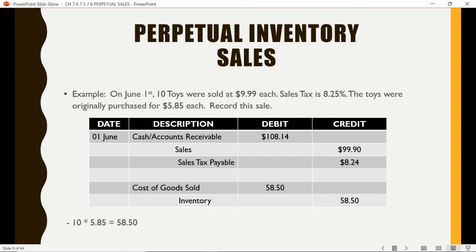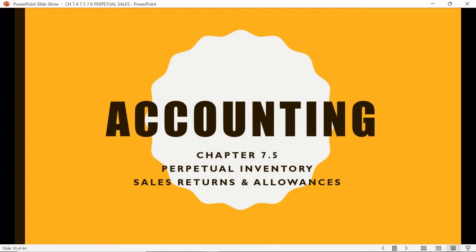That is how we keep a really good track record because every time we sell something, it gets rid of our inventory. Every time we purchase something, we're increasing our inventory, right? And that's how we know at the end of every day, or at the end of every single transaction, exactly how many items we have left in inventory.